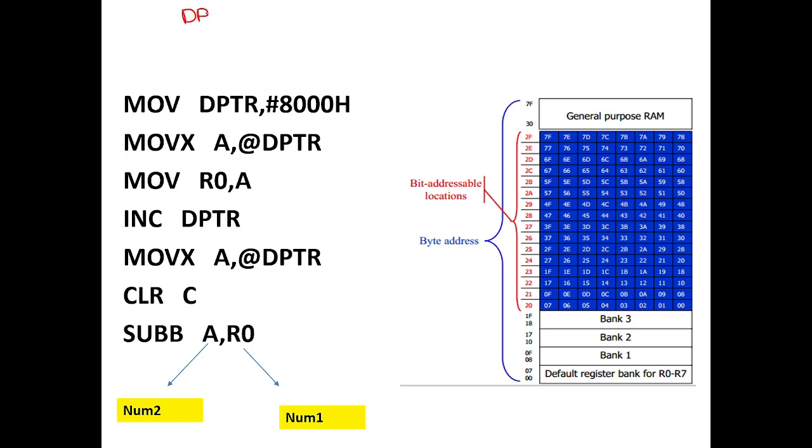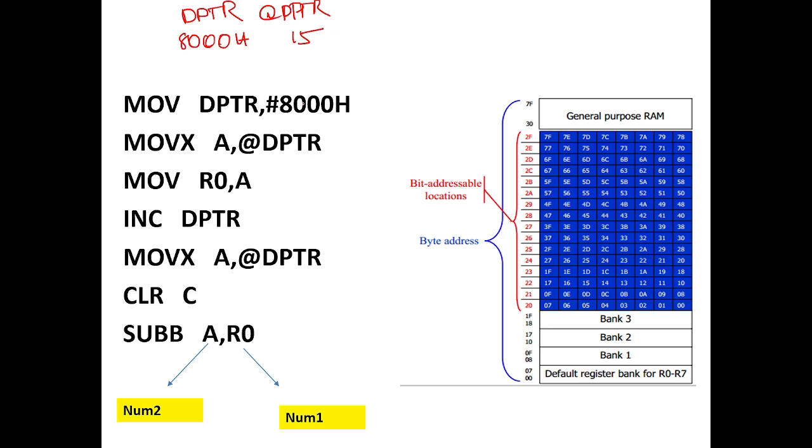At DPTR, that is 800H, it holds some data, right? Let me take this to hold 15.